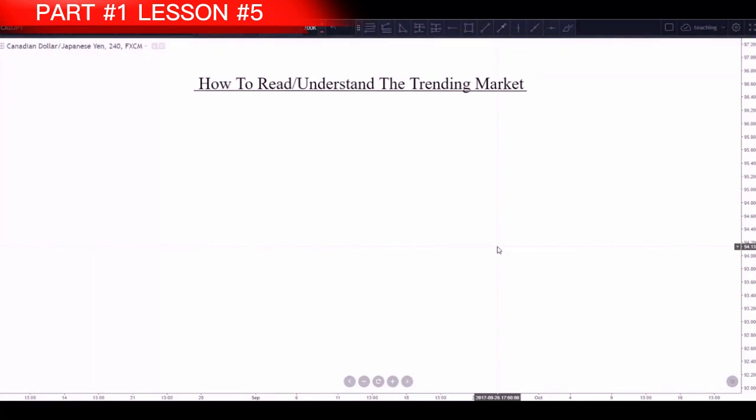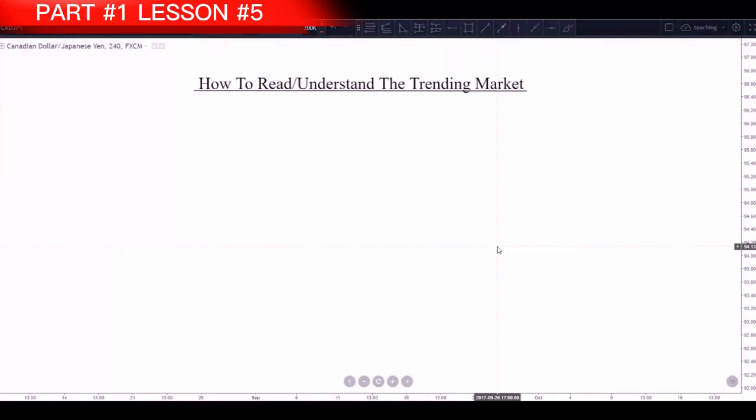Now, for the remainder of this course, from where we are now until the end of the transition phase, we're only going to focus on trending markets, because remember, the transition phase of this course is going to be the most important. This is the phase that is meant to take you from not being profitable to becoming successful as a trader through learning one simple strategy and building a trading plan around it.